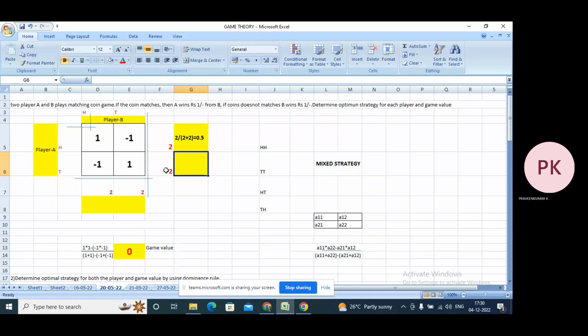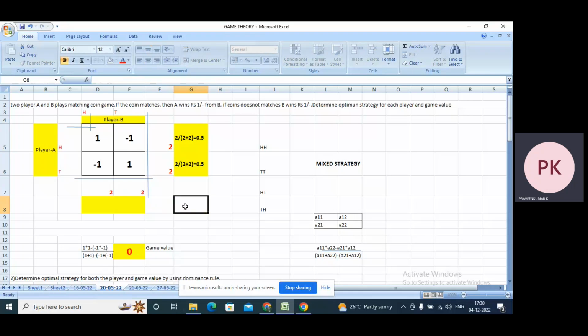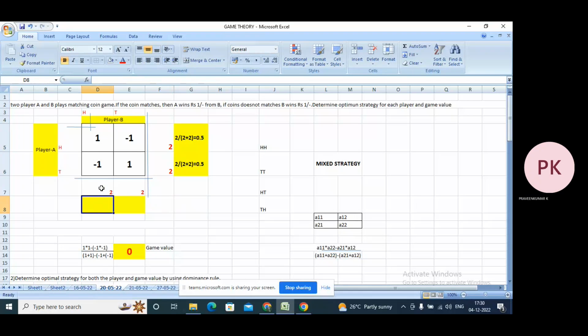Similarly for this one, this 2 divided by the sum of these two, 2 plus 2, is 0.5. Similarly, column wise, this 2 divided by the sum of these two, 2 plus 2, we get 0.5.